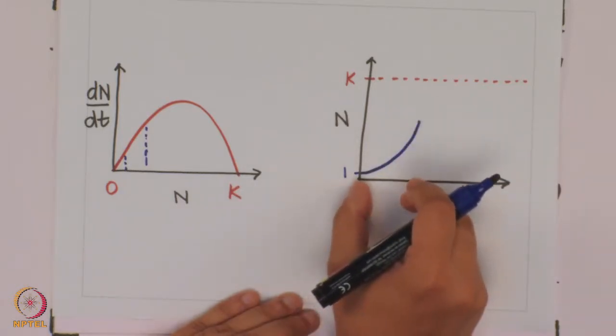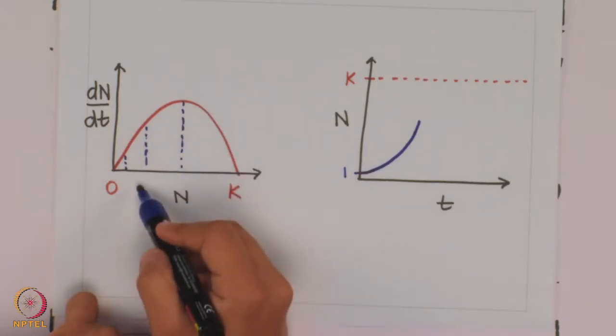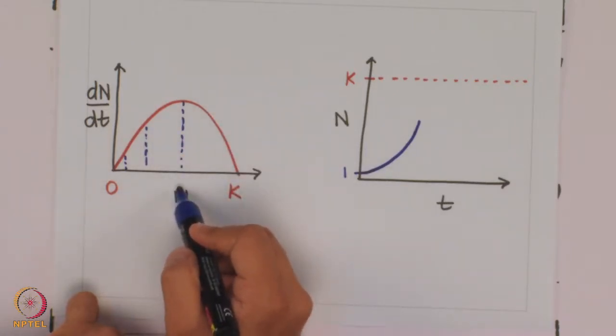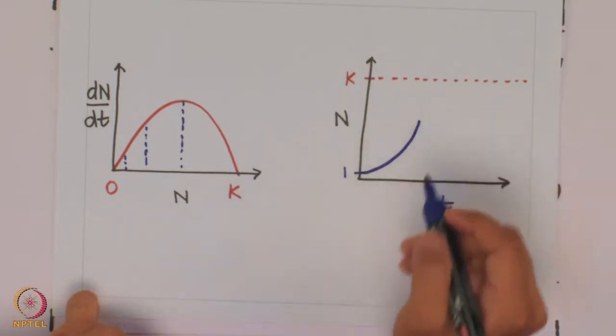This part is represented by the first half of this graph, where on going towards higher values of n, the rate of increase of n is increasing with time.